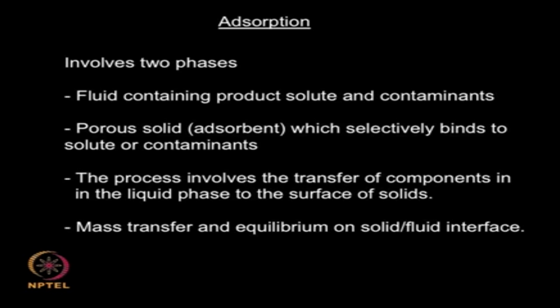Another technique by which we can remove some of the solids present in your slurry which prevent your filtration process is by adsorption. Sometimes, as I said, the filter aid itself does this adsorption process. That means some of the unwanted material can get adsorbed on the filter aid.